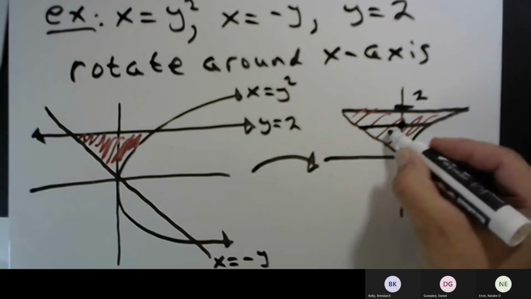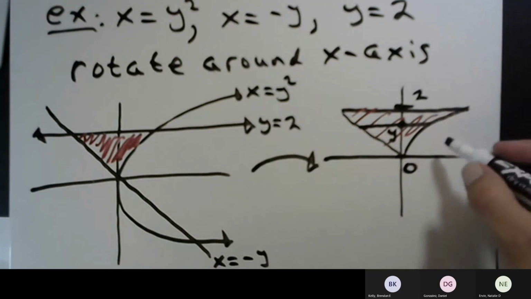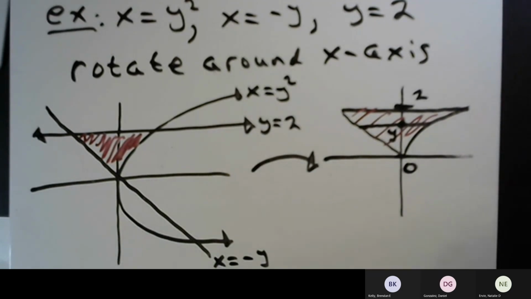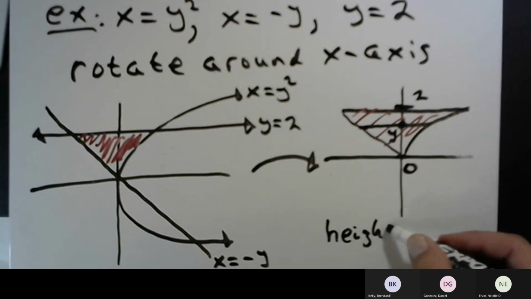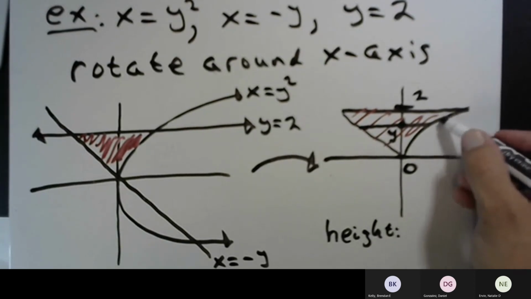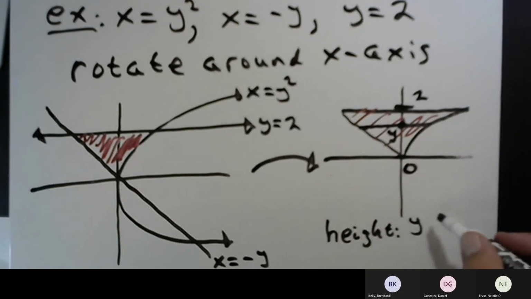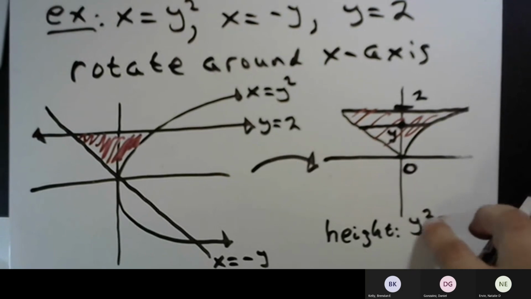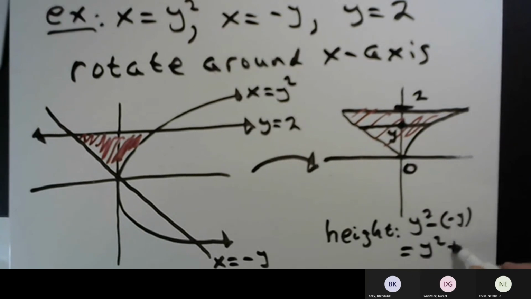For a given position y, we pick a point on the y-axis. The height is going to be this curve minus this curve, and that's still going to turn out to be y squared minus negative y, or y squared plus y.